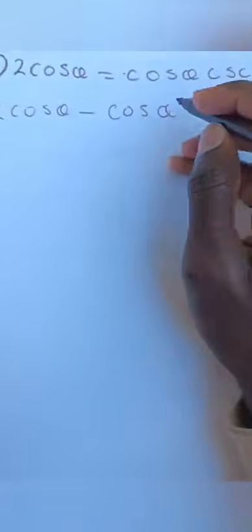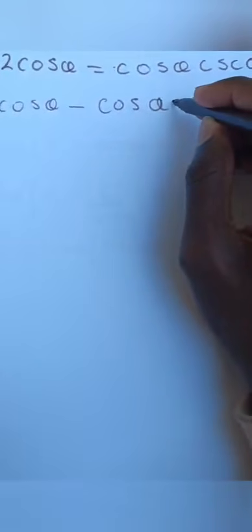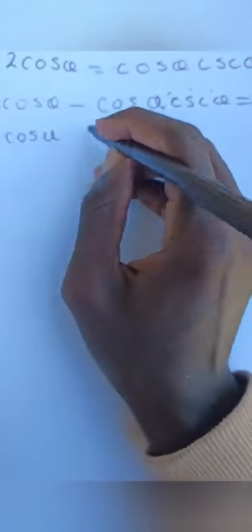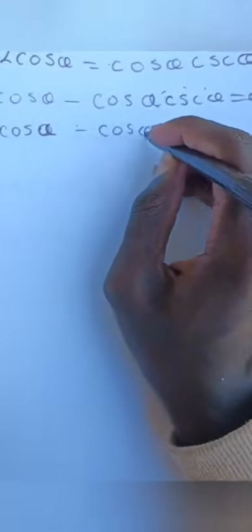So we have cos theta cosec theta equal to 0. Let's substitute this with its identity. You know that cosec is 1 over sine, so minus cos theta times 1 over sine.